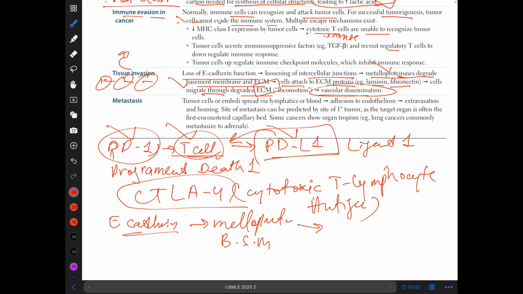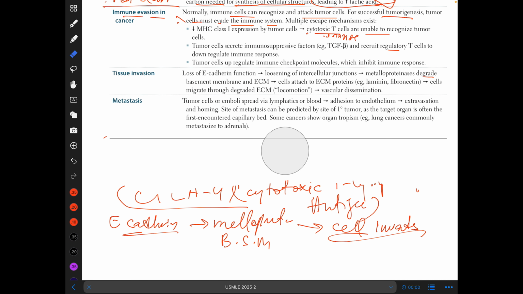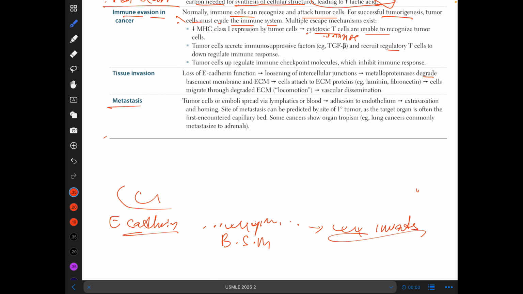After the disruption, the cell will start invasion and start dissemination in the vascular system. Understand? Now we move to the last hallmark of cancer, that is metastasis.